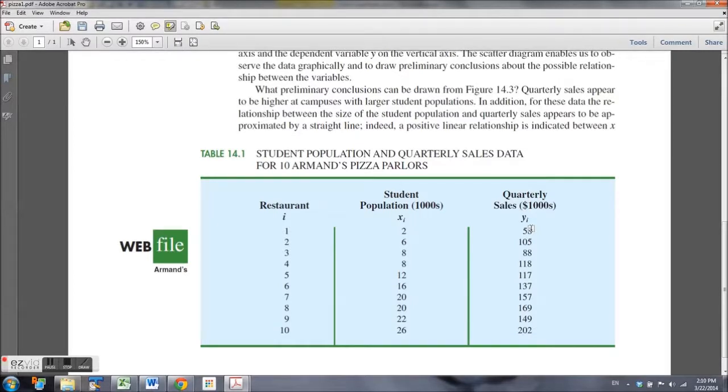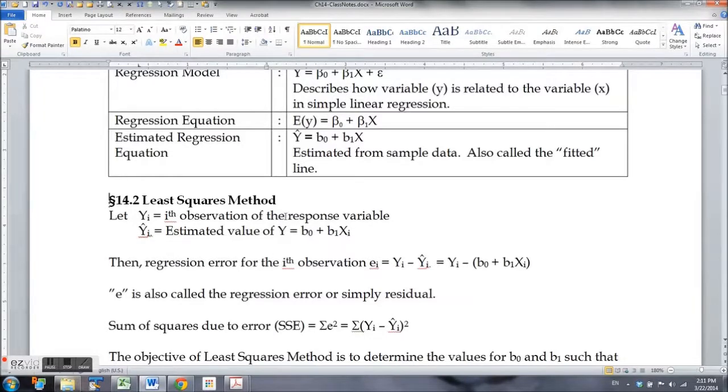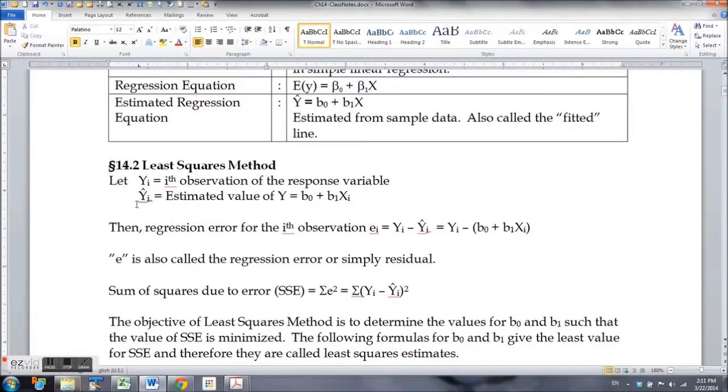The way we come up with these estimates b sub 0 and b sub 1 is called the least squares estimate, and it follows this logic. Let's say y sub i is the ith observation of the response variable y. In our example, it will be the quarterly pizza sales.